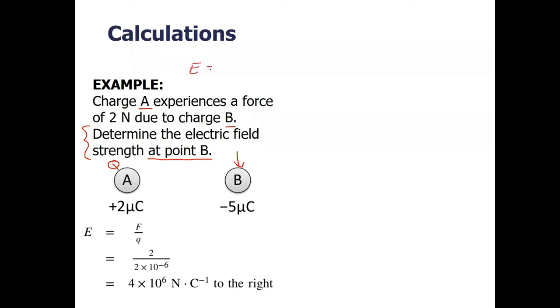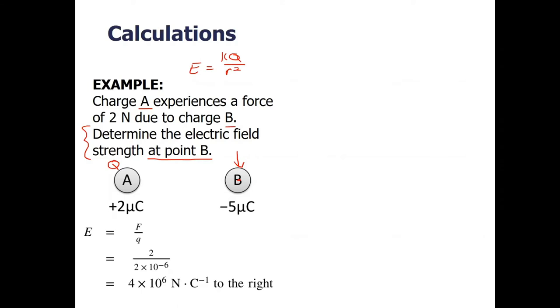Because if I use this calculation, and B is big Q, what's my distance from B at point B? My distance is 0. You see that? If I'm calculating B's field at B's position, my distance is 0, which is undefined. I can't put it in that formula. So I can never calculate this charge's field at that point where that charge is.